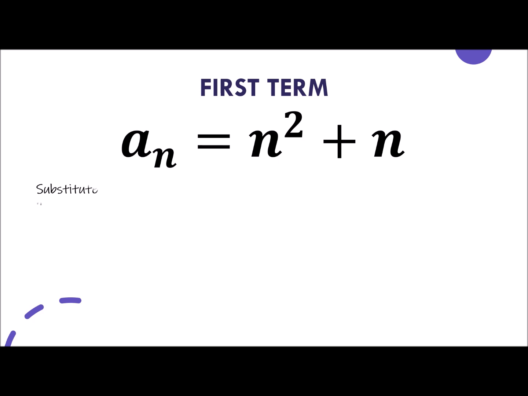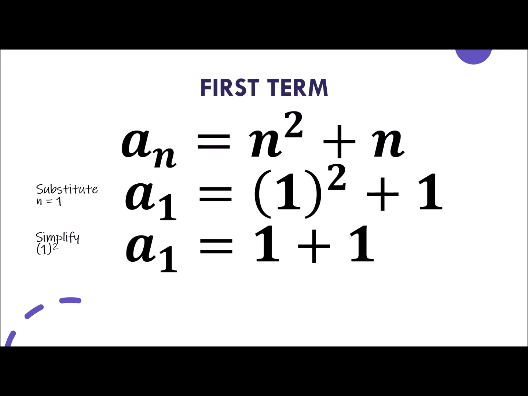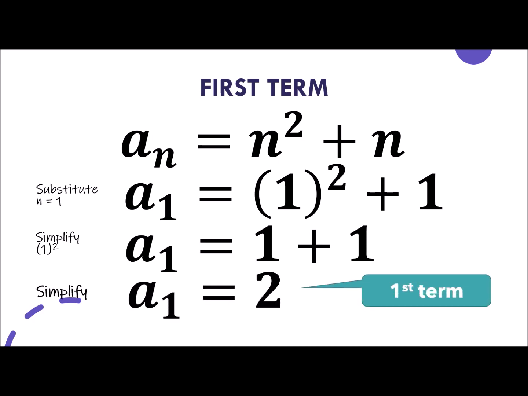So we need to substitute n is equal to 1. We will have a sub 1 is equal to 1 squared plus 1. Okay? And then substitute. After substituting, we need to simplify. So we will have 1 squared, which is 1, then 1 plus 1. That gives us 2 as the first term. Then take note of that again. Then let's proceed on the second term.